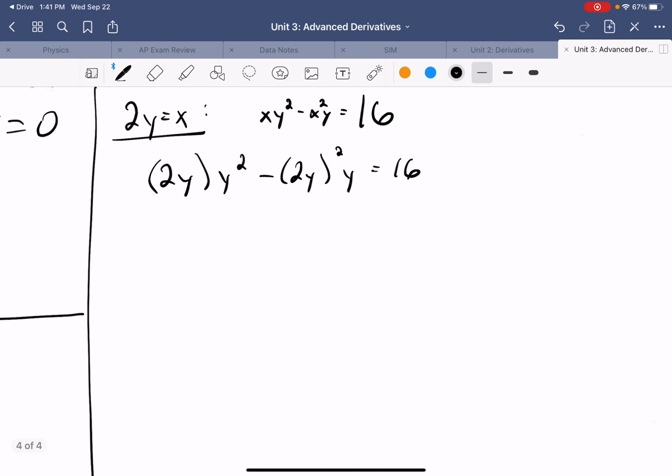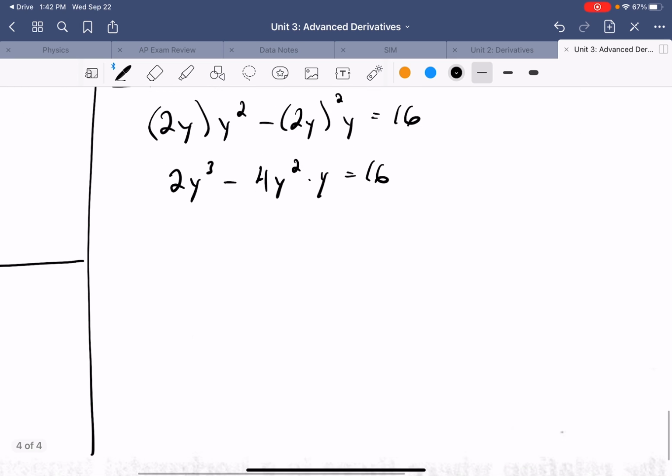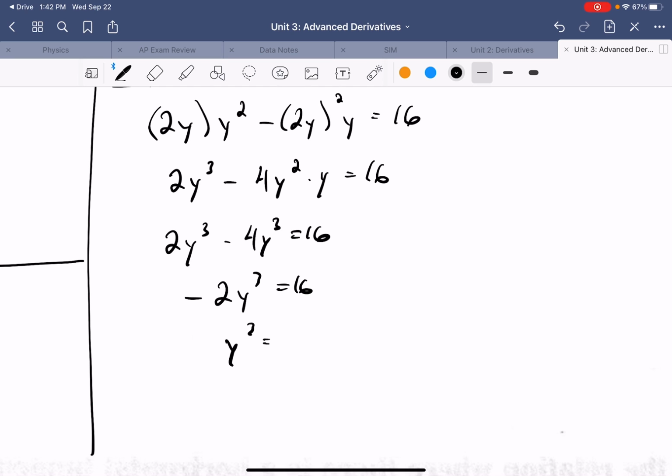So then 2y times y squared would be 2y cubed. And then I'm going to square this parentheses here, which means I'm squaring the 2 and I'm squaring the y. So that's going to be 4y squared with a minus in front, and then times y equals 16. So then 2y cubed minus 4y cubed equals 16. That's going to be negative 2y cubed equals 16. Y cubed equals negative 8. Y equals negative 2.